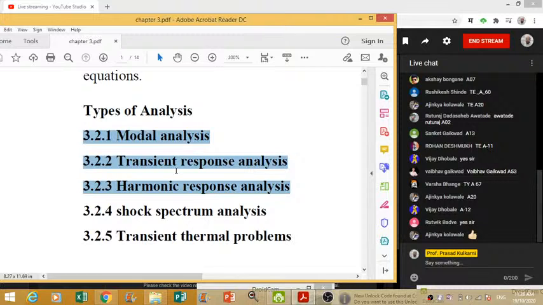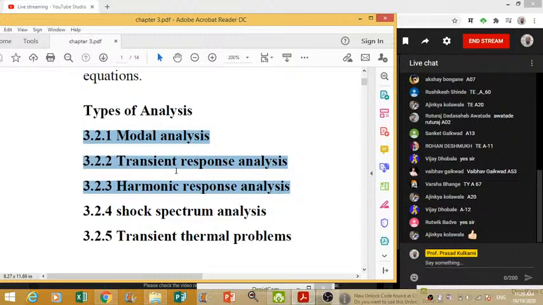Because in automobiles most of the components are rotating at high speed, high rpm, and these components cause rotor frequency. If that frequency goes beyond the natural frequency of other steady components, there are chances of failure.